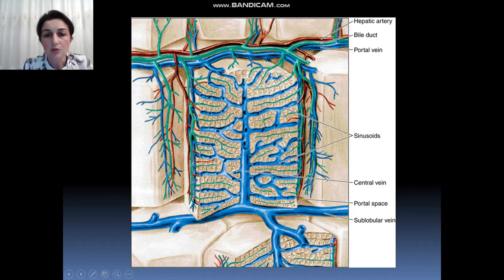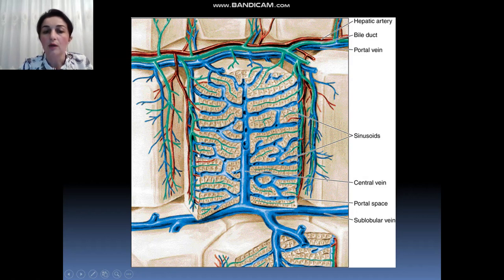Then here in the center, we can see a classical liver lobule in the shape of a hexagonal prism. At the periphery of this lobule, we will see that from this artery and vein arise small branches. They are called inlet arteriole, and inlet venule in the case of the vein.